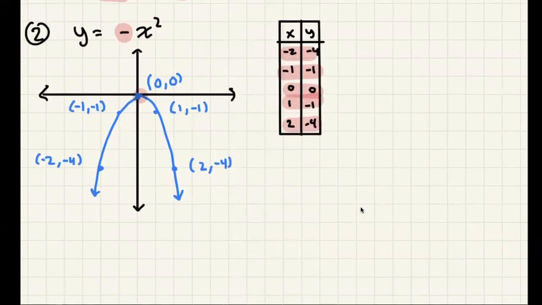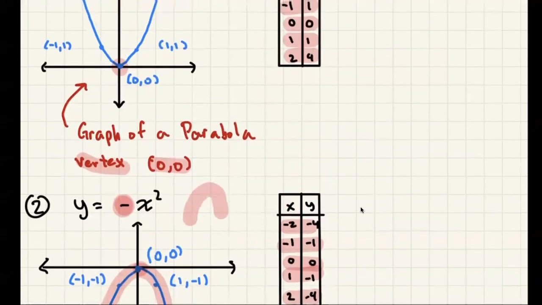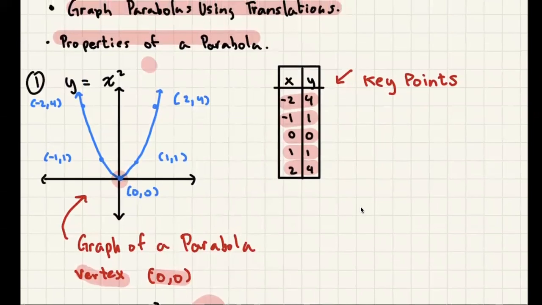Whenever you have a negative coefficient in front of the x squared, the parabola is always going to go down. And if you're wondering what a coefficient is, it's the number in front of our variable, right? Whenever it's negative, the parabola is flipped face down. Whenever the coefficient in front is positive, you're going to be looking upward. And these are the basic features of a parabola.